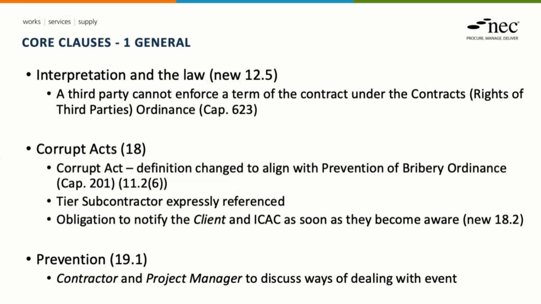So the definition of a corrupt act now aligns with the Prevention of Bribery Ordinance, and there are obligations with regard to notifying the client and the ICAC when a party or when the contractor becomes aware of a corrupt act. There's been a small tweak to clause 19.1 to encourage the contractor to engage with the project manager to discuss ways of dealing with a prevention event and agreeing how the issue may be resolved before the project manager instructs the contractor.